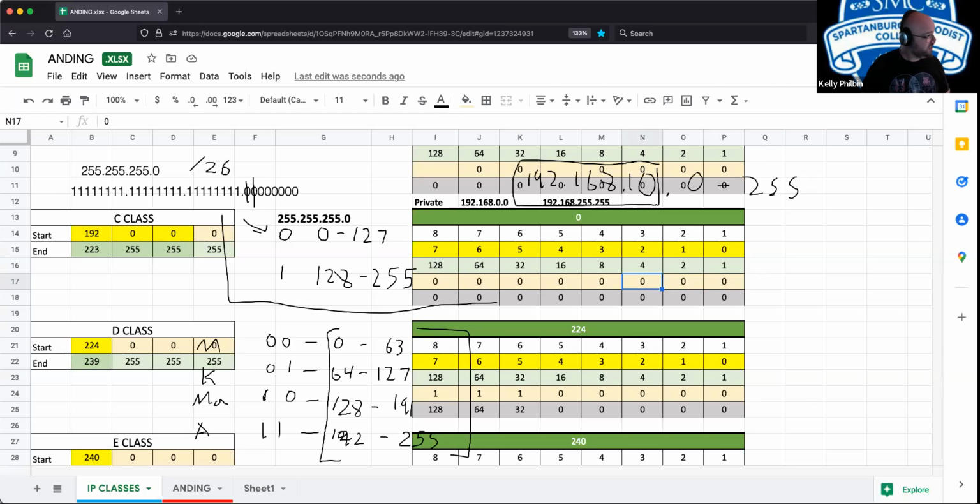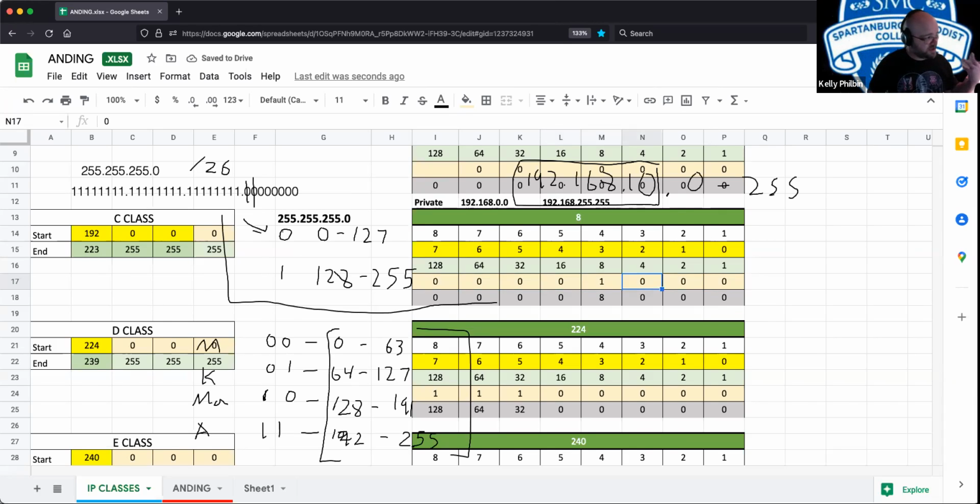So I would do my binary counting for 15. Is 15 greater than 128? No, move on. It's a 0. Is 15 greater than 64? No, that's a 0. Move on. Is it greater than 32? No, that's a 0. Move on. Is it greater than 16? No. 0. Move on. Is 15 greater than 8? Yes. So I'd put a 1 here. I would go to my next one, and I have 7 left over.